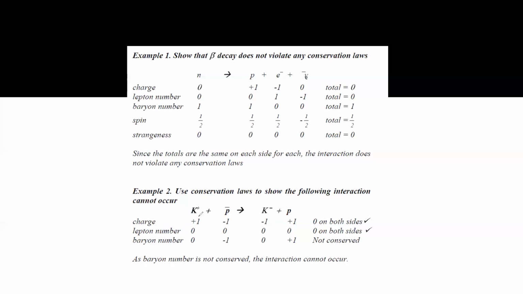First we check the charge. Kaon charge is plus one, anti-proton is minus one, K negative minus one, so charge is conserved.